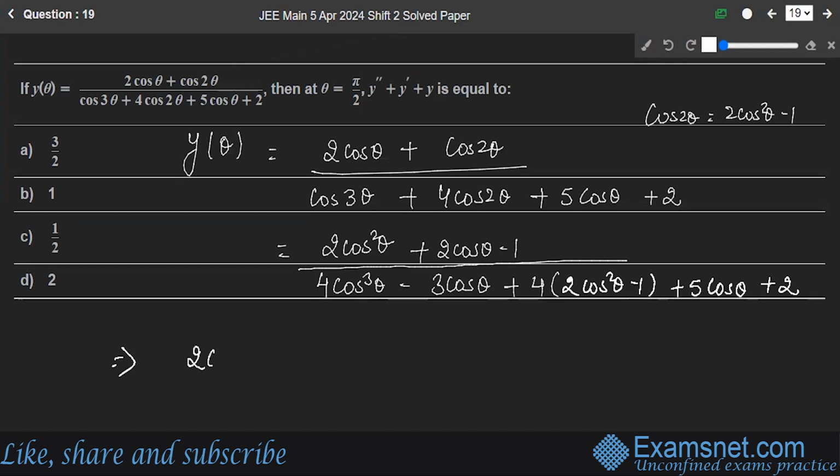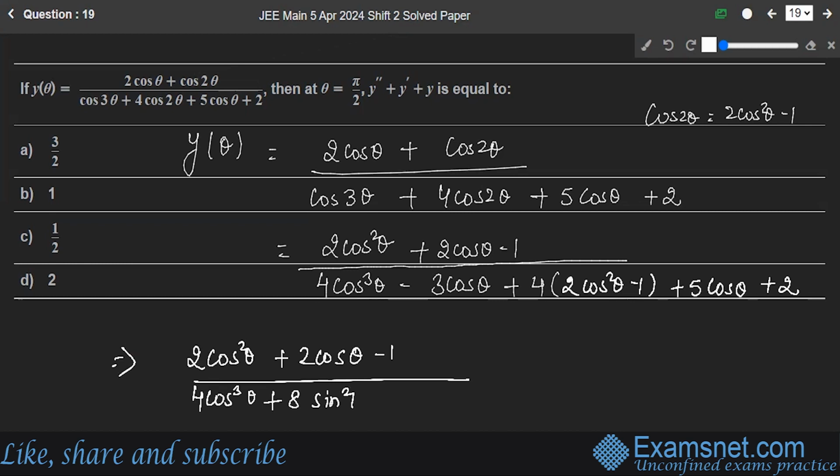The numerator is 2 cos square theta plus 2 cos theta minus 1, whole thing divided by 4 cos cube theta plus 8, no, sorry, cos square theta plus 2 cos theta minus 2.